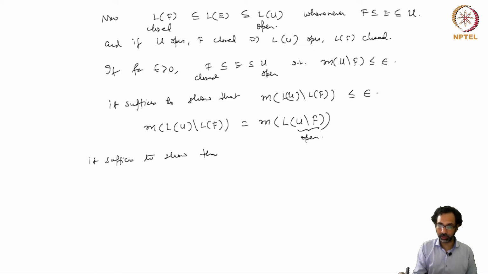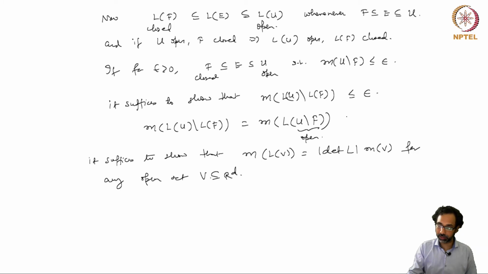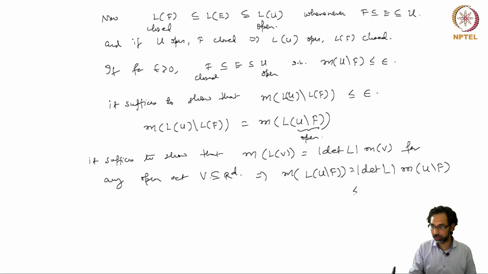that m of LV is precisely the modulus of the determinant of L times m of V for any open set V. This would imply that the measure of L(U minus F) is equal to the modulus of the determinant of L times the measure of U minus F, and this is less than or equal to the determinant of L times epsilon.